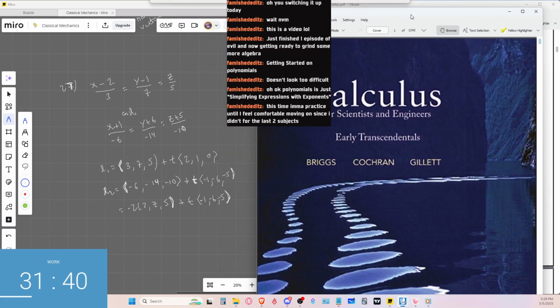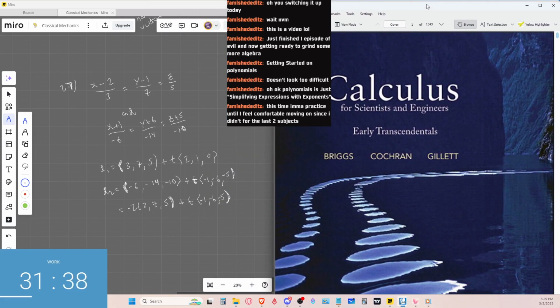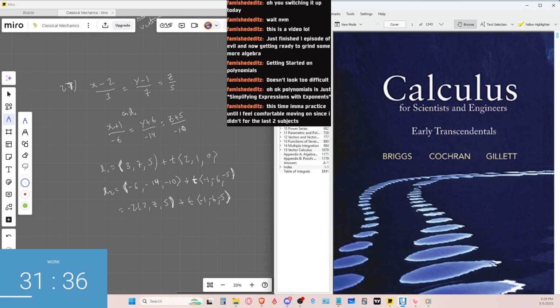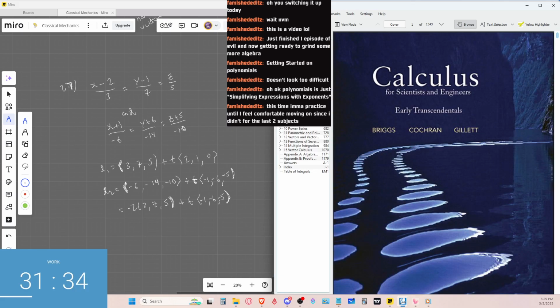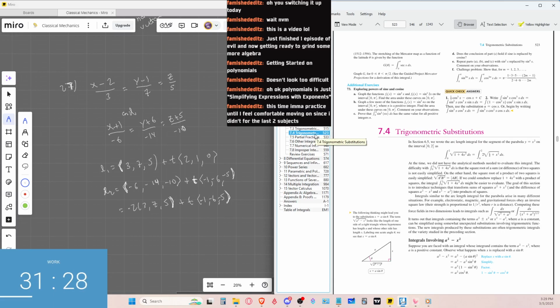There we go. My favorite calculus book. Actually, my first one. Integration techniques. Let's do trig substitution. I haven't done this in a long time.